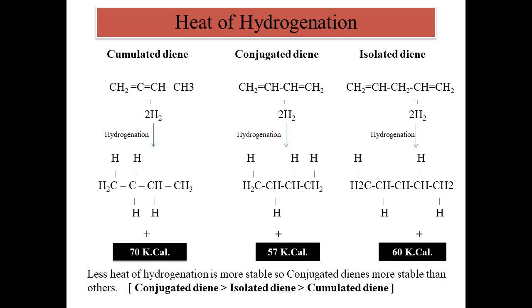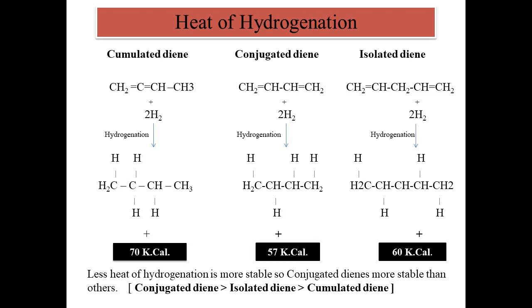Next is the isolated diene with 60 kilocalories, and the cumulative diene is last. So the order of stability is conjugated dienes, then isolated dienes, then cumulative dienes. The conjugated diene is the most stable.